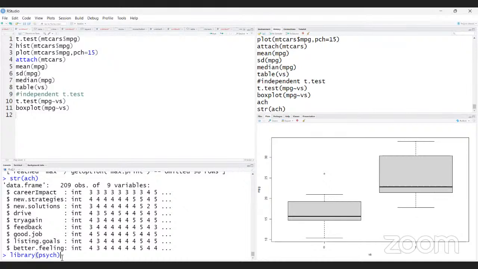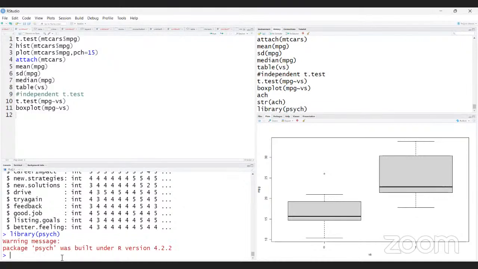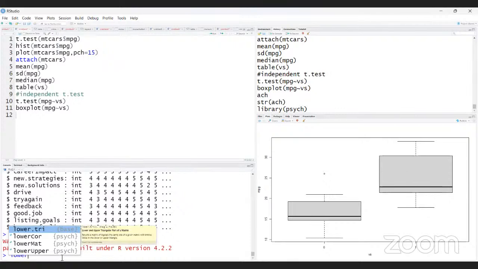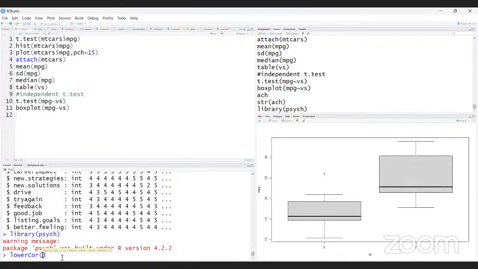Then I am writing lowerCor, then ACH, the ACH data frame.